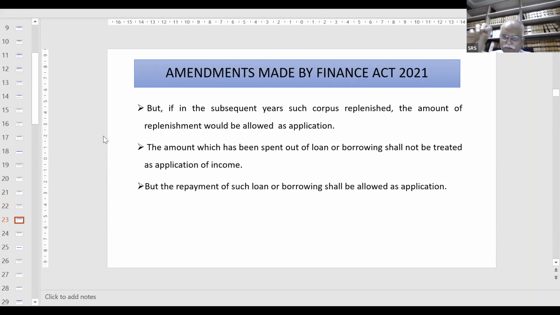The amount which has been spent out of loan or borrowing shall not be treated as application of income. Now assume that a charitable institution which is registered as a Section 8 company of the 2023 Act or Section 25 company of the 1956 Act issues debentures and spends some money out of that.